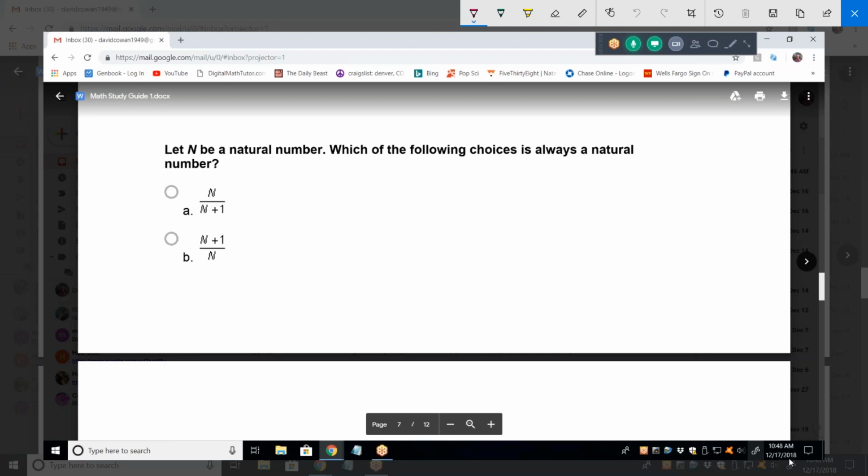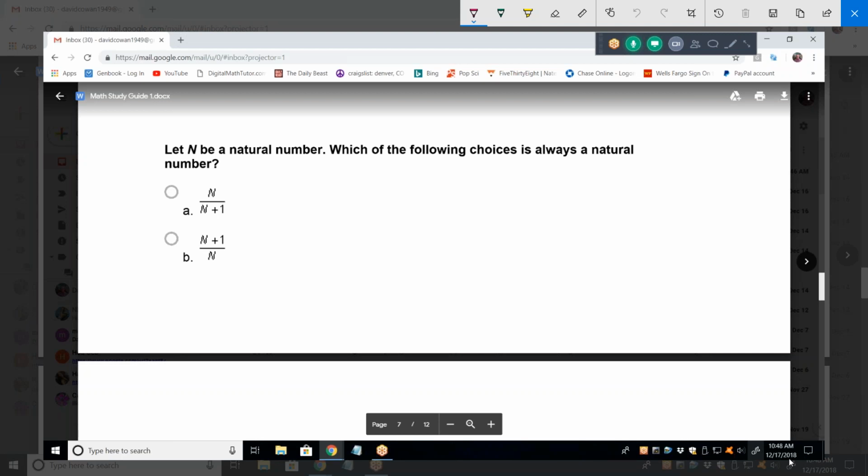And the reason is that they have unique properties, those two numbers. In other words, you can never divide by 0, so it wouldn't be very good to choose 0 for n, because then we'd be dividing by 0. And 1 happens to be the only number whose reciprocal is also 1. So those two numbers are not good numbers to pick when you're looking to solve a problem by picking numbers.